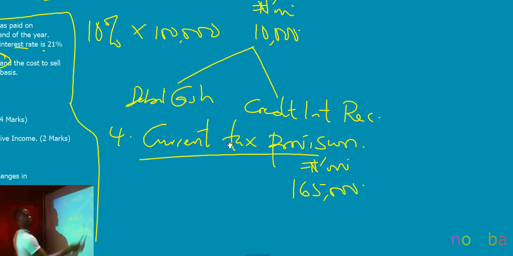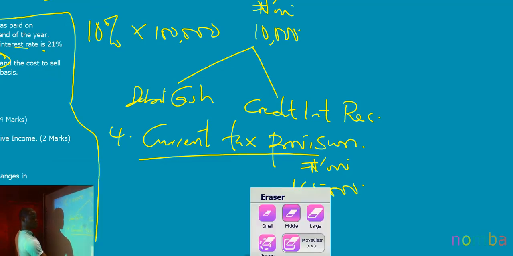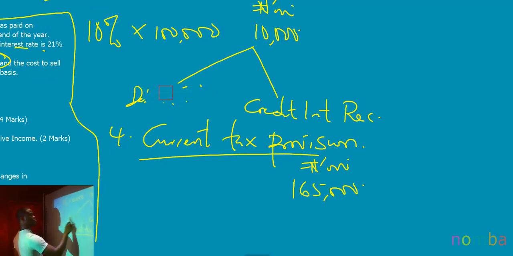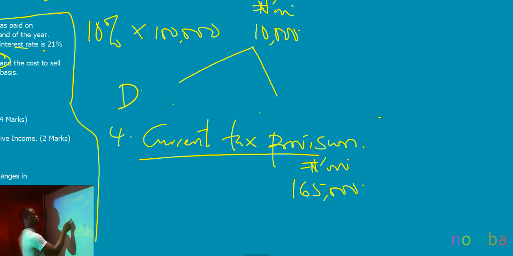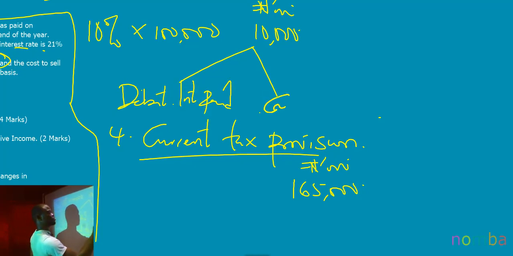So instead of debiting cash, because now we are the one paying, we have to credit cash and debit finance costs. So debit finance cost or interest paid. We are the one paying, so we credit cash.